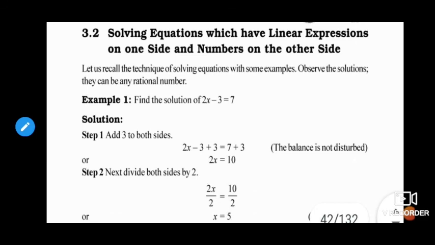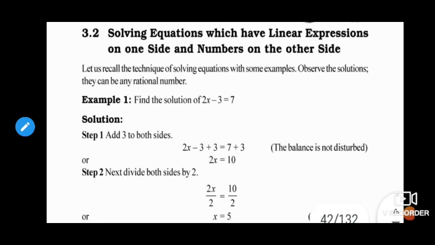So take 2x minus 3 is equal to 7. Now take the left hand side, we can see 2x minus 3. I told you that I want only x, so whatever extra is there, we will try to remove it. First, minus 3 is there.